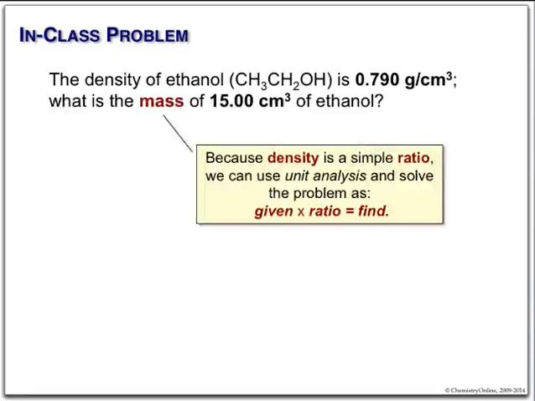In organic chemistry, this is named ethanol because it has 2 carbons, that's an eth, and it's an alcohol, that's the OH, so ethanol. Our density here is 0.79 grams per cubic centimeter. We want to know the mass of 15 cubic centimeters.